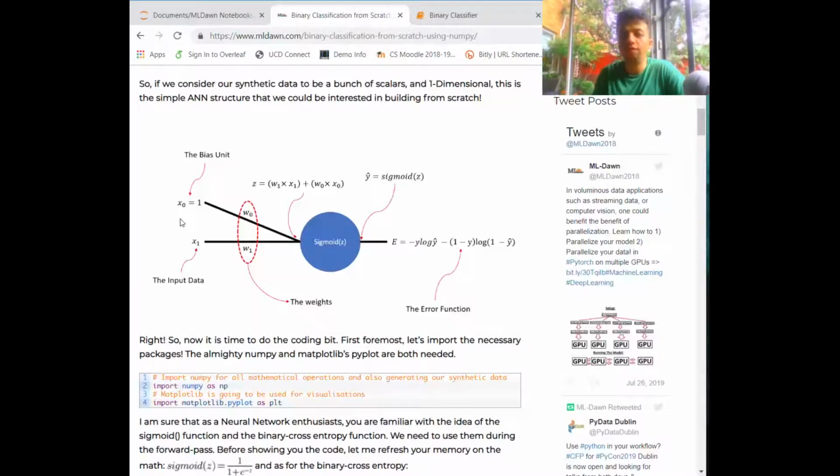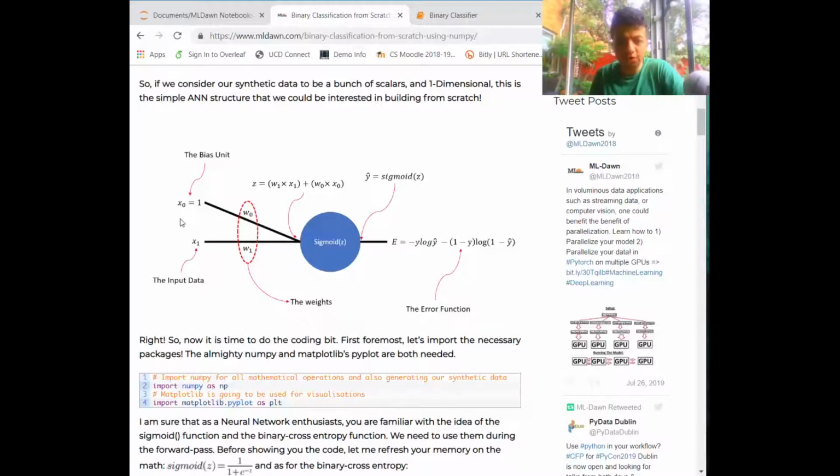Then we have the nonlinearity sigmoid that will be applied on z, which squashes it between 0 and 1. And then y hat, or sigmoid of z, would be the ultimate output of your perceptron. And because we are developing a binary classifier, we are going to use the binary cross entropy function.